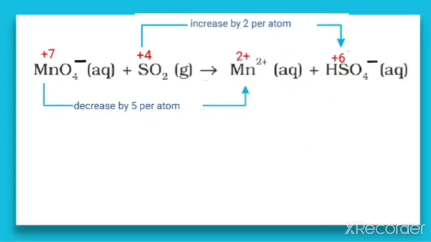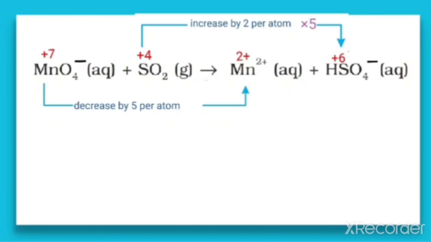So here there is a decrease by 5 per atom, and the other one is an increase by 2 per atom. That is 5 and 2. How do we equalize this? By multiplying the 2 with 5, so that we get 10.